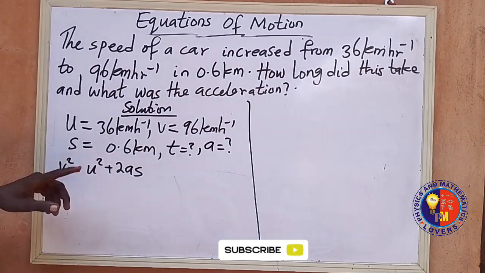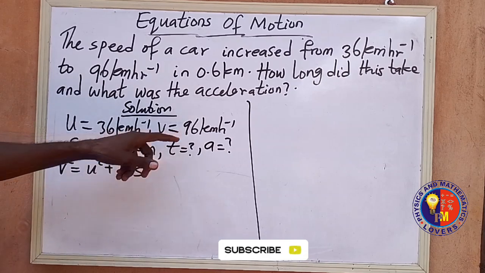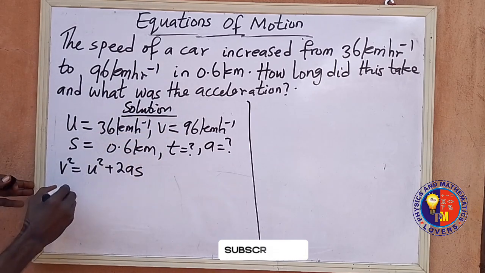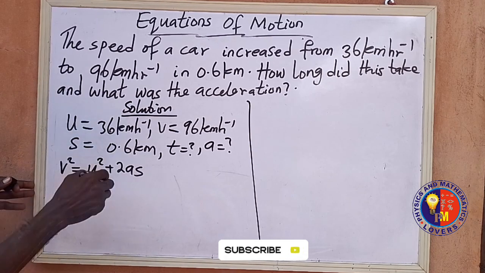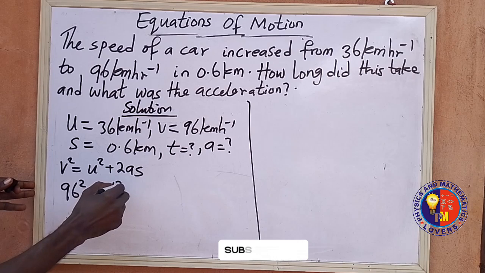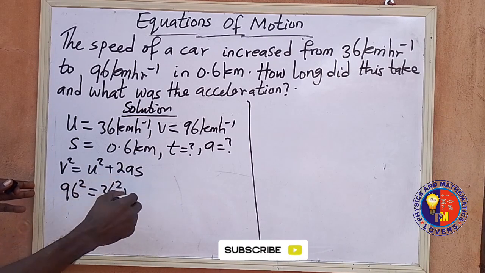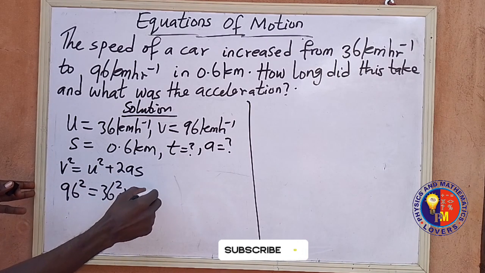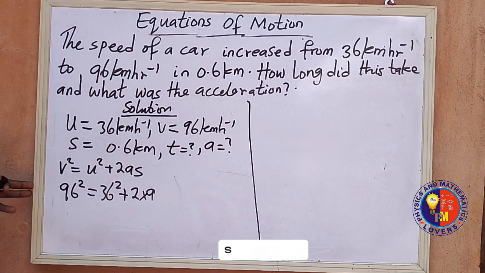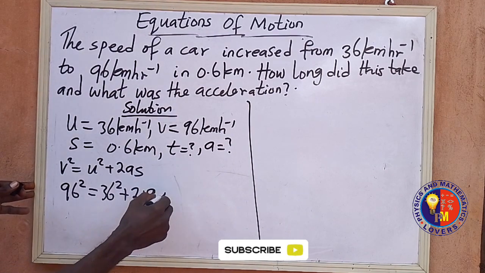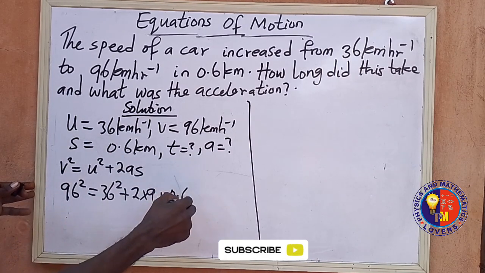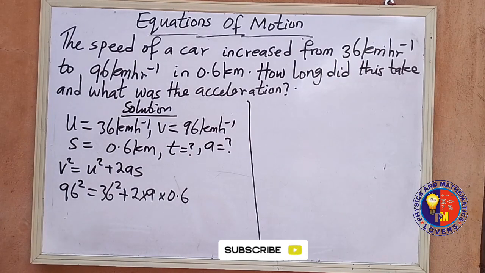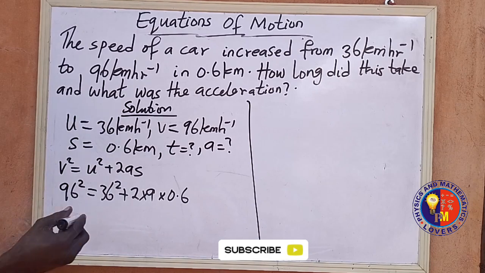So we have that the final velocity is 96. So we're going to have 96 squared equal to the initial velocity, 36 squared, plus 2as, 2 times a, we don't know what a is, times the distance, which is 0.6. Now let's do it mathematically without using a calculator.